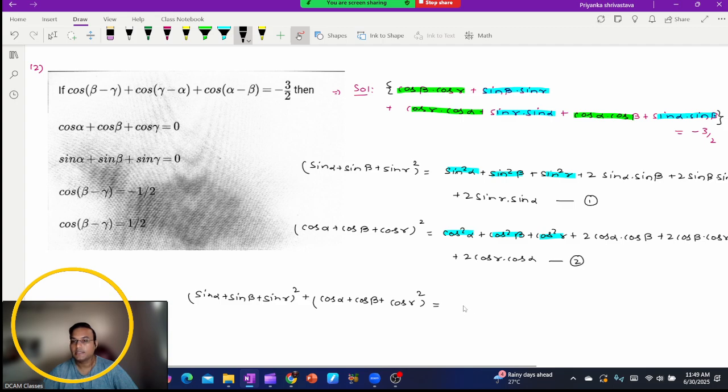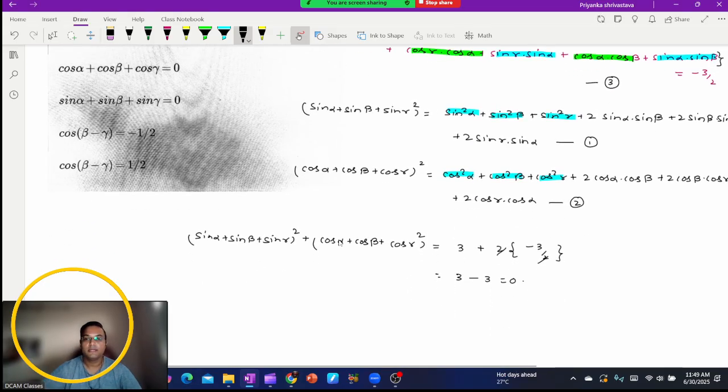So in that case I'll get 3 plus 2 into this value, let's say it's third equation. So I'll put directly minus 3/2 here. So what it will be? 3 minus 3. It's equal to 0.